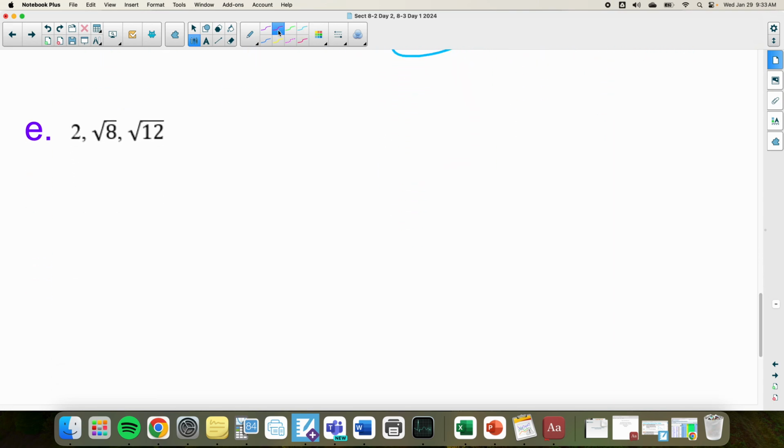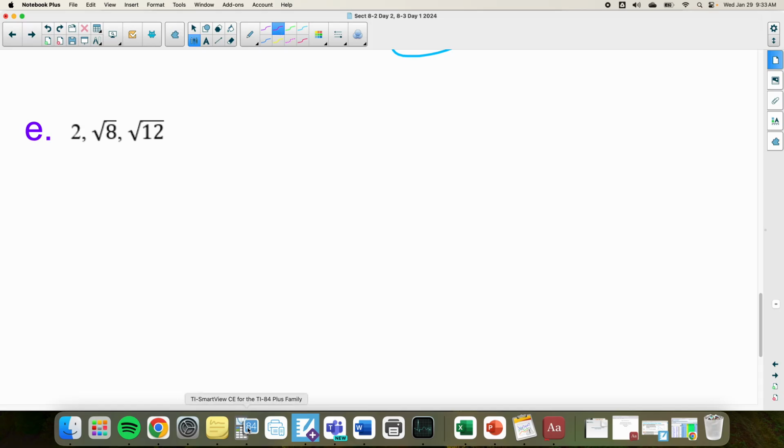And then we have one last one. Now, one of the things you have to do is check which side is your largest one, okay? When you do that, what you can do is take the square root of 8 on your calculator and just get an estimate of it.